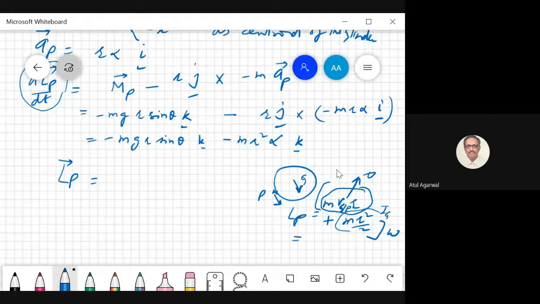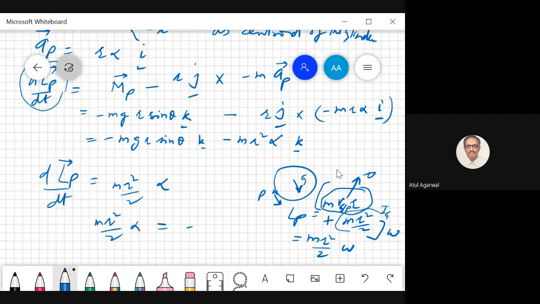So your LP is mr square by 2 omega. So what is your dLp by dt? Mr square by 2 alpha. So you put it here. Mr square by 2 alpha is equal to minus mgr sin theta k minus mr square alpha k. So this alpha is a vector.